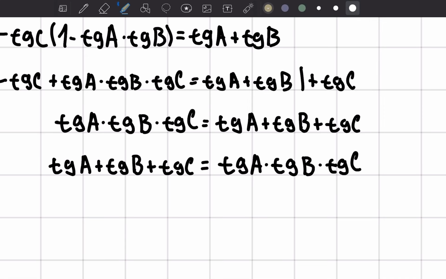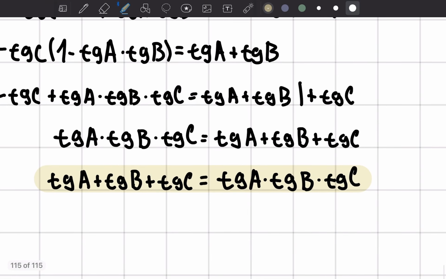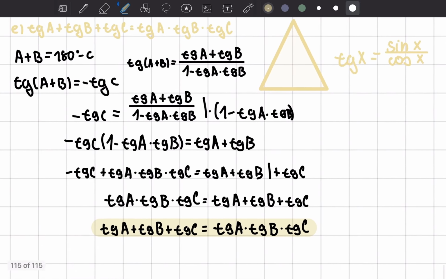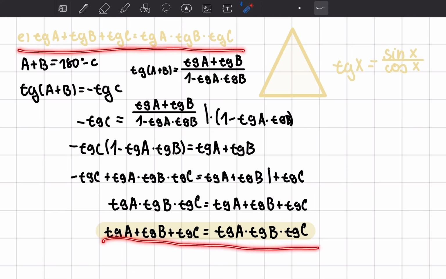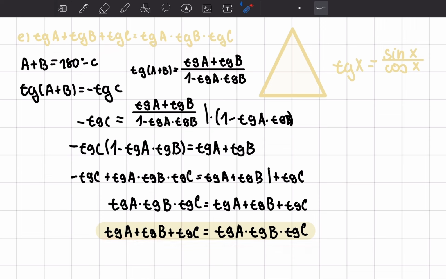Now I'm going to make it beautiful. Right, and let's take a look. Is that correct? What do you think? Wow, it looks like this is exactly the same as this. So we proved it, right? And now we could say we are done.